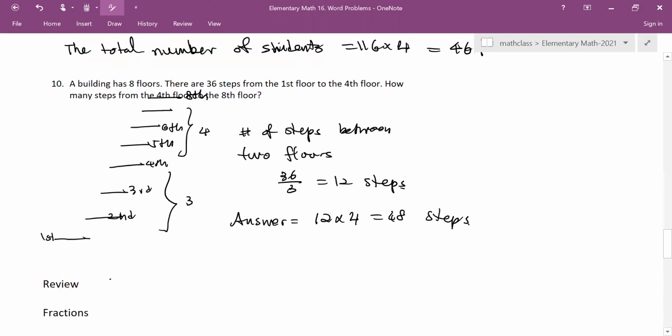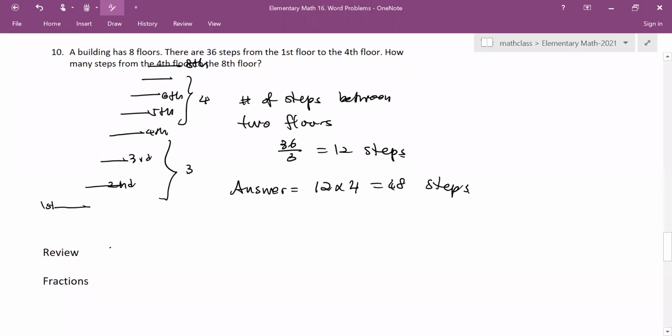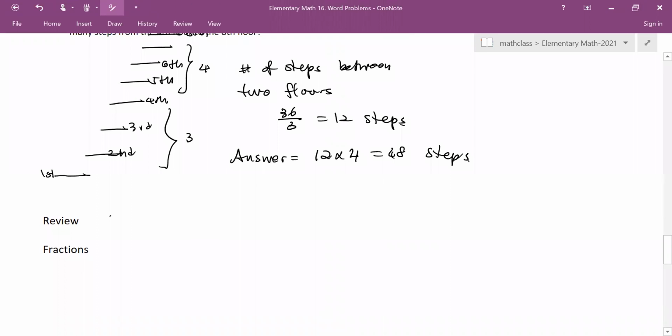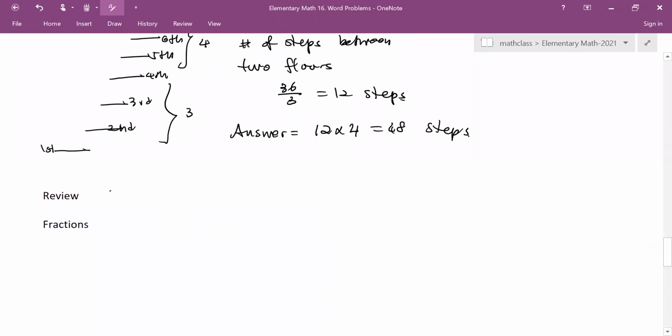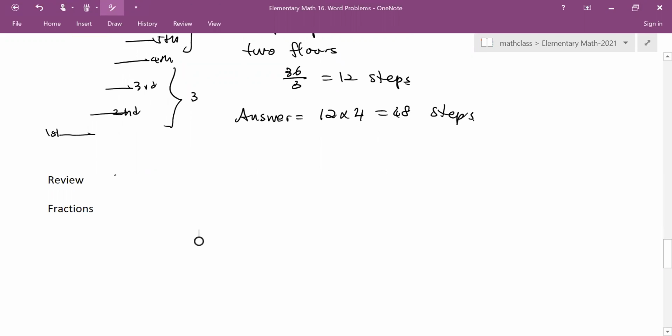So those are the problems we are discussing. Then I'm going to do some review, okay? So to begin with, when we solve problems, very often we're going to deal with fractions. You should understand that the value of a fraction is a quotient, okay?